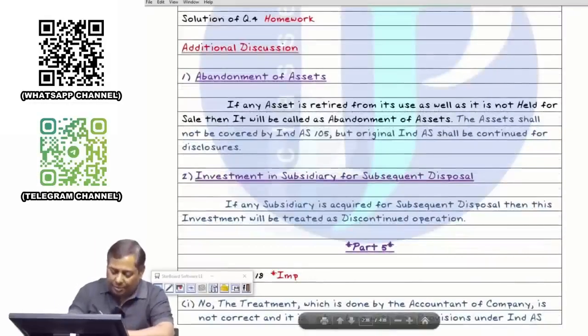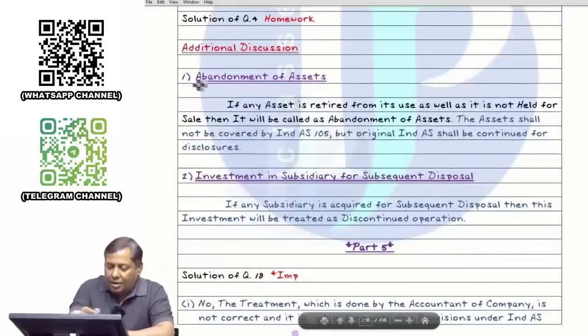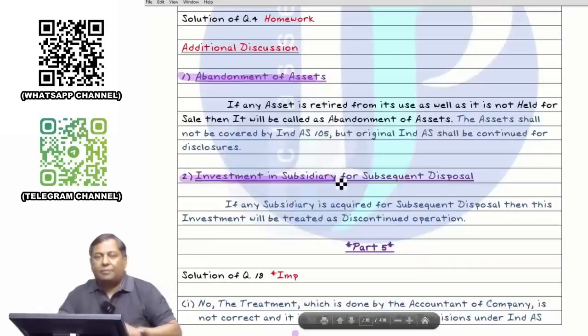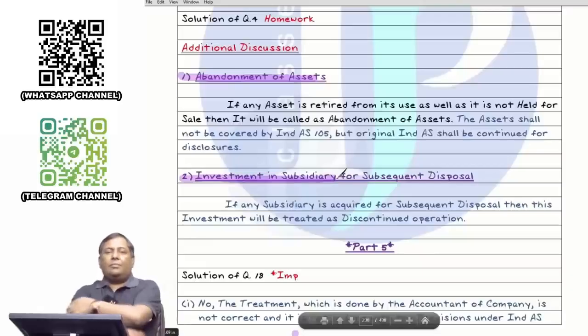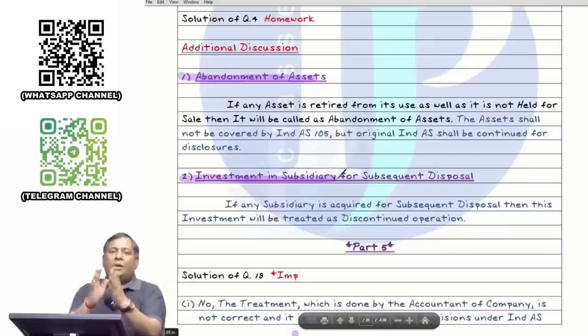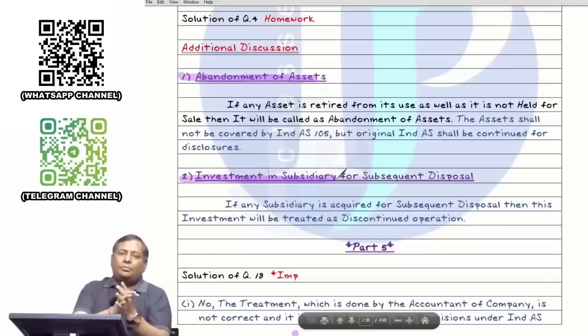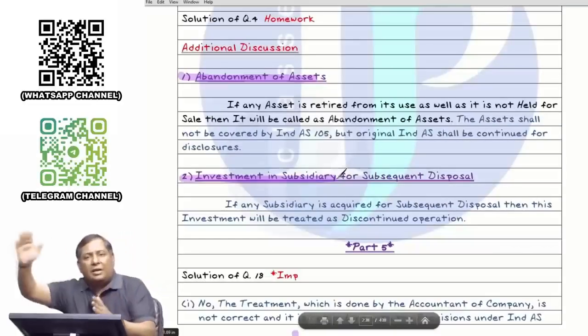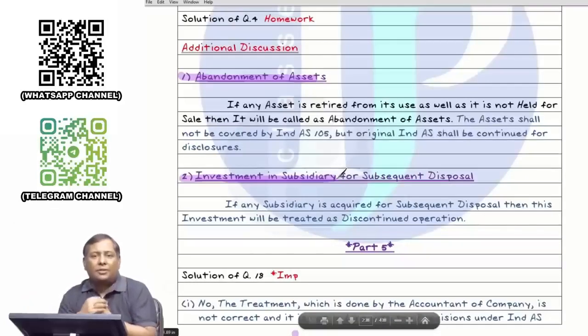I have already told you two more things: one is abandonment and the other is investment in a subsidiary. I always give the example of the Birlas. The man is a true businessman. They own a family shop in Calcutta from where they started.